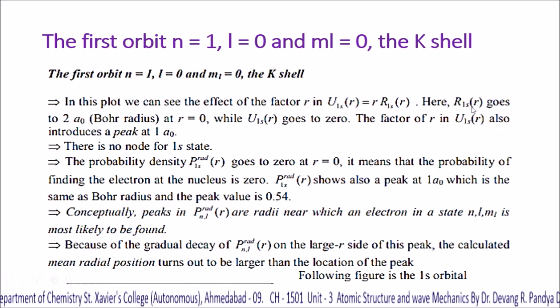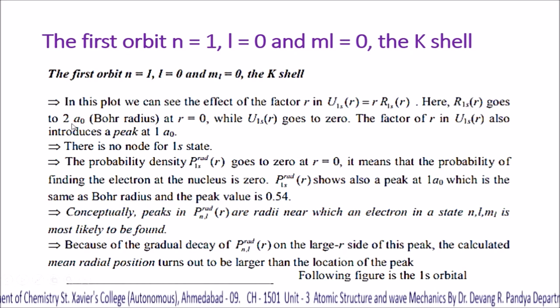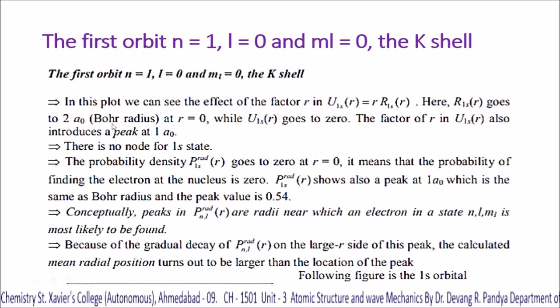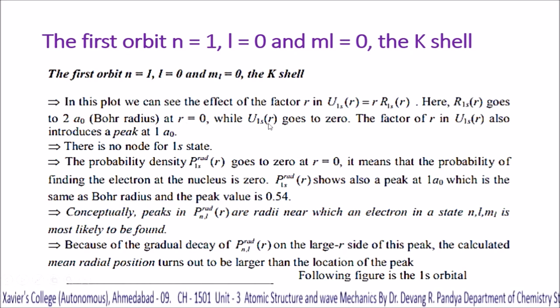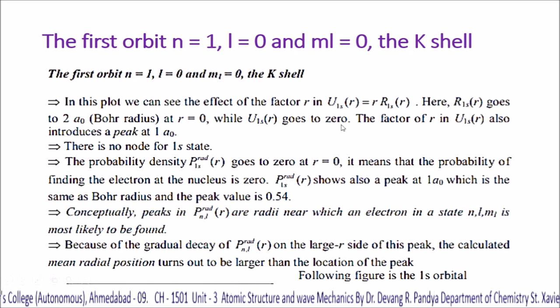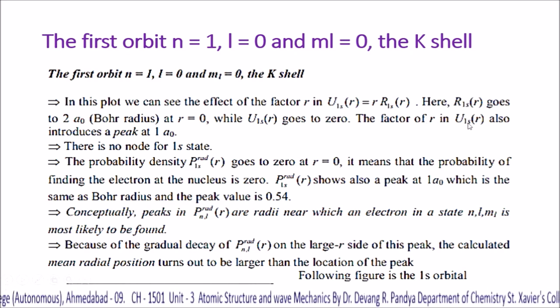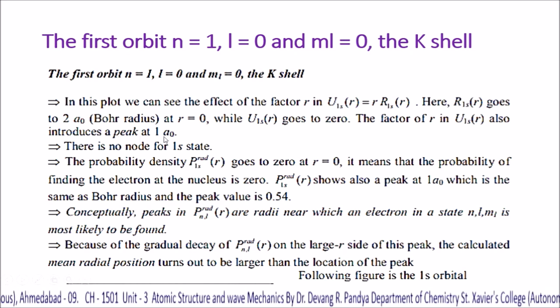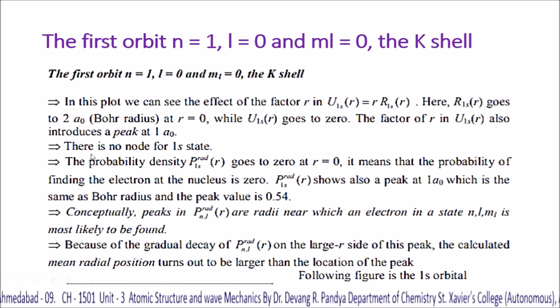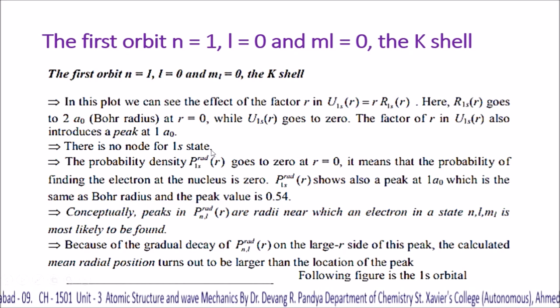Here R1s(r) goes to a0, that is the Bohr radius, at r is equal to 0, while u1s(r) goes to 0. The factor of r in u1s(r) also introduces a peak at 1 a0. There is no node for the 1s state.